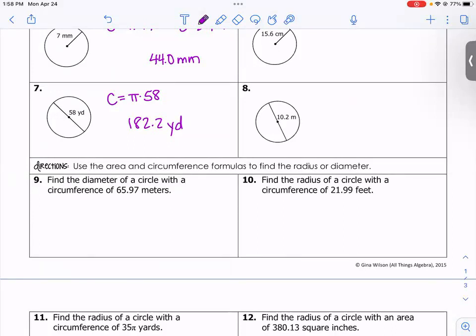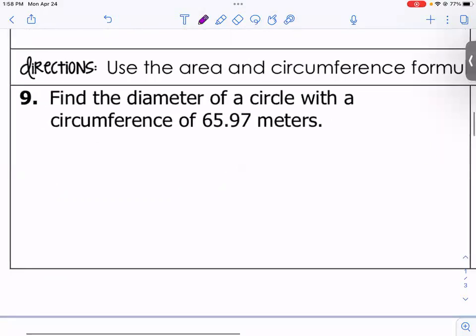Now I am going to give you 60 seconds to see if you can come up with an answer for number 9. I think you can.